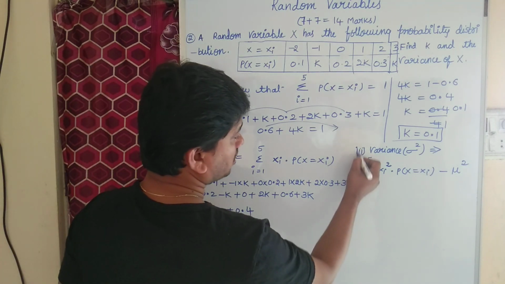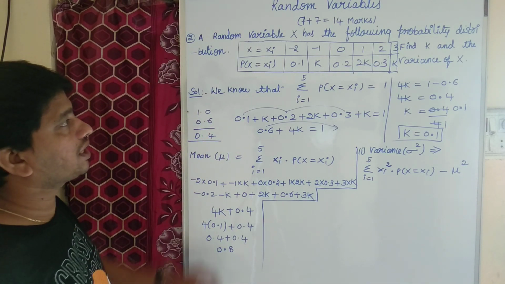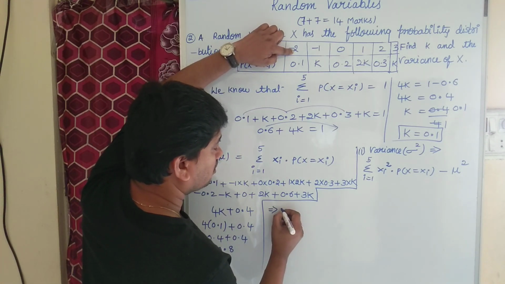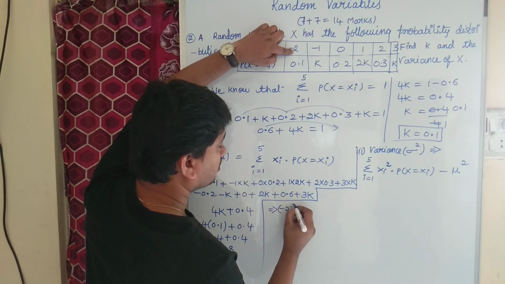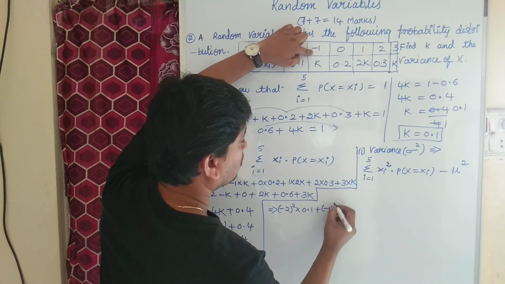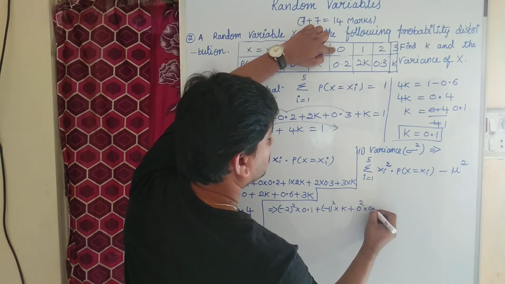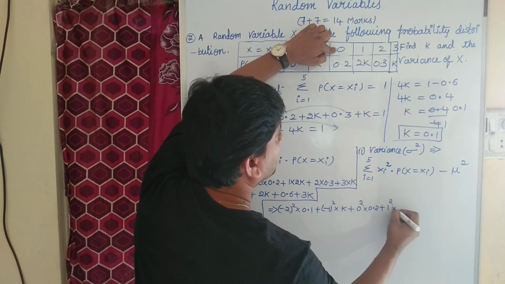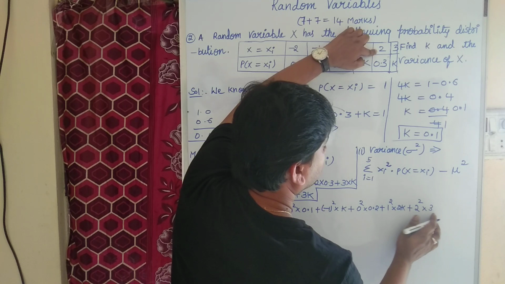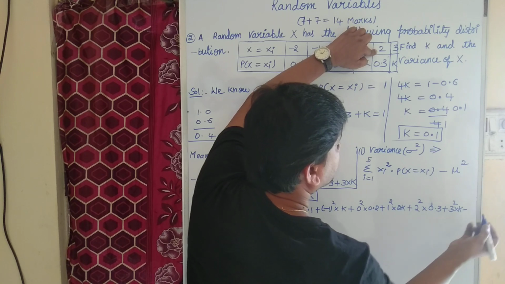Okay. But the third question is what? We have to find the variance. When we are finding variance, we have to multiply square. I mean, let me find here. Minus 2 whole square into 0.1 plus minus 1 whole square into k plus 0 square into 0.2 plus 1 square into 2k plus 2 square into 0.3 plus 3 square into k minus mu square.